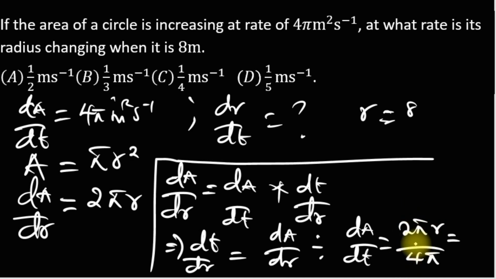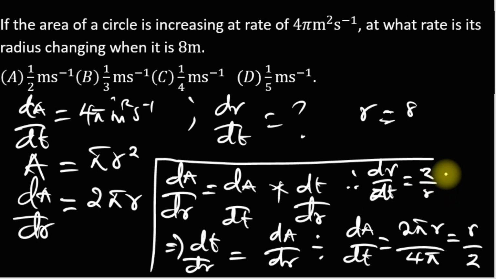So what we have is r over 2. But we're asked to find dr over dt. Therefore, dr over dt is, you reciprocate, 2 over r, which is now 2 over 8, because r is 8. Our answer is 1 over 4. So the rate is 1 over 4 meters per second.